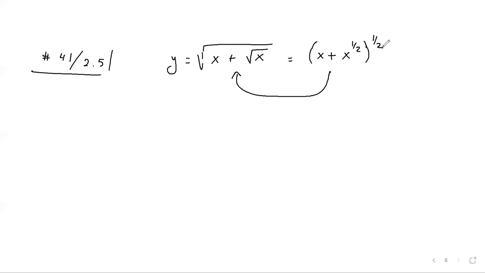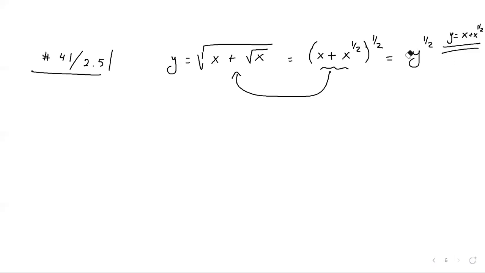And now I think it's transparent. What I had here, of course, is the same as what I have here, but this is much better for calculus purposes because I can say, you know what? I recognize that pattern, y to the 1/2, where y is x plus x to the 1/2. So I should have said a different letter, some u or something else.